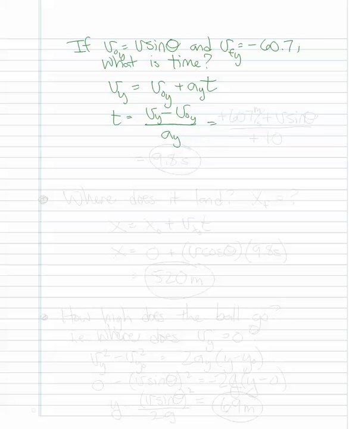I started with v sine theta, and I ended with minus 60.7 meters per second, and my acceleration is minus 10. And I notice this is going to work out okay because all of these minus signs cancel. So I can multiply through by minus 1 on the top and the bottom and easily get an answer.